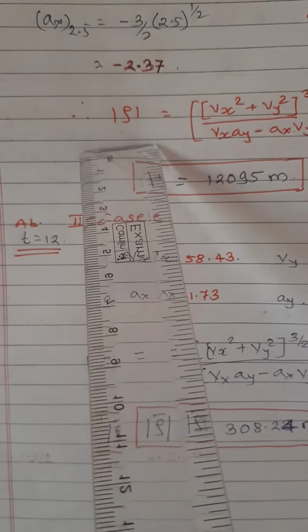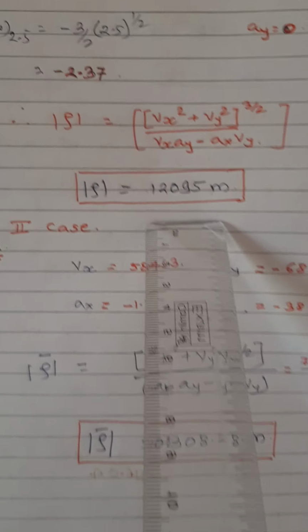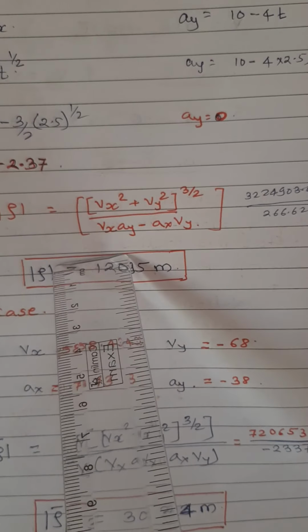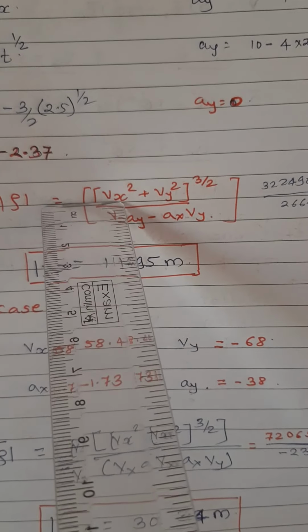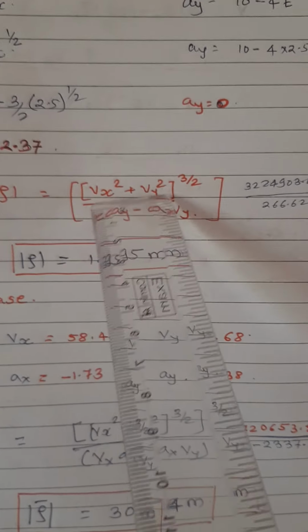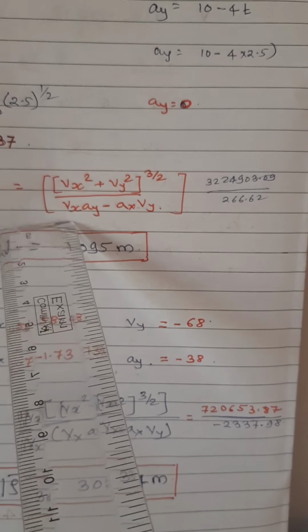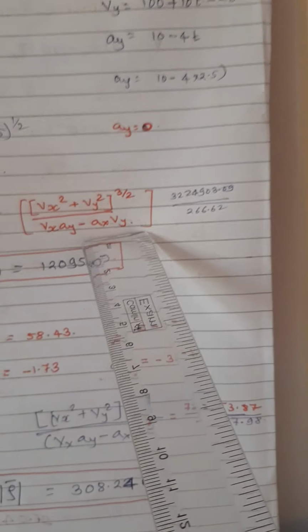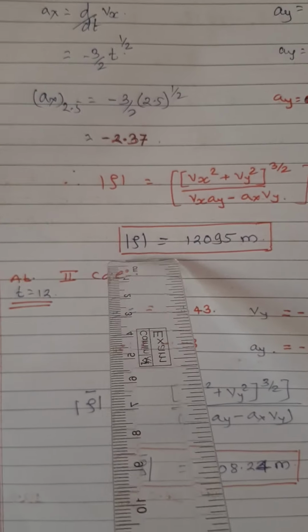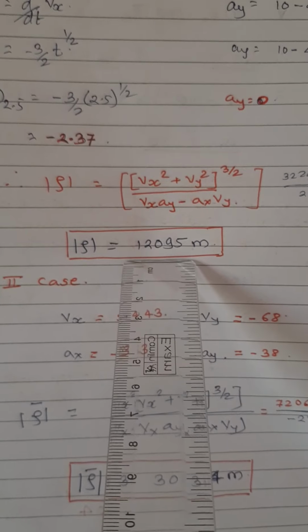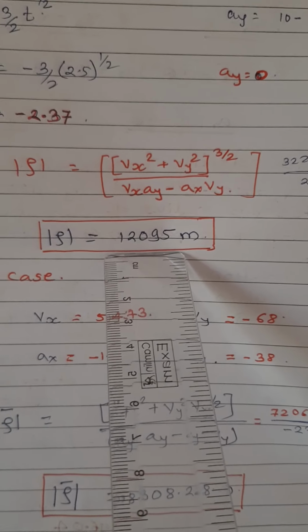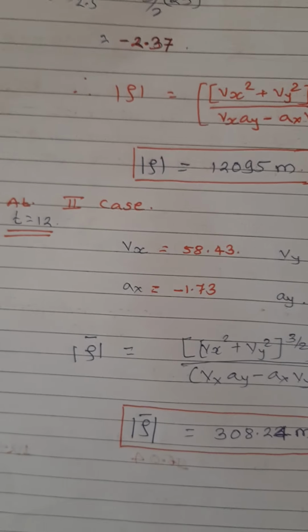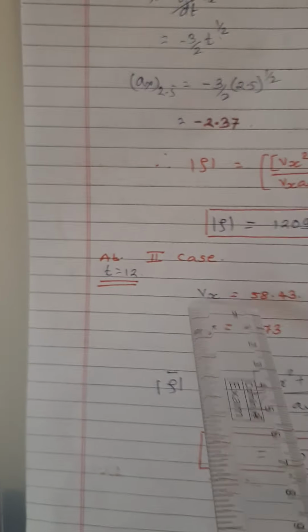Therefore, by substituting the values of Vx, Vy, Ax, Ay at t equal to 2.5 in the formula, we get rho equal to 12095 meters.